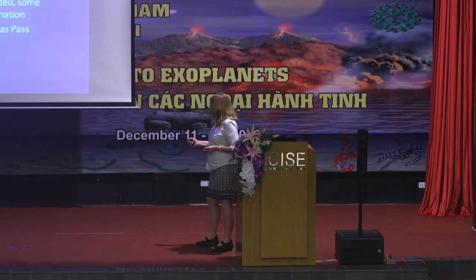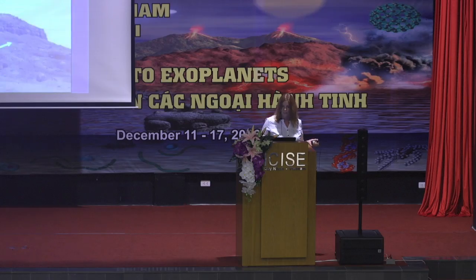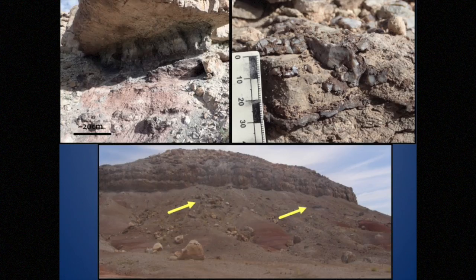So, as I said, there are these silica-rich lenses within the mudrock, and these are bedded. And within the bedding, there's actually some wavy lamination, and we see similar features at Marias Pass in Gale Crater. Okay, so here's just some other pictures.